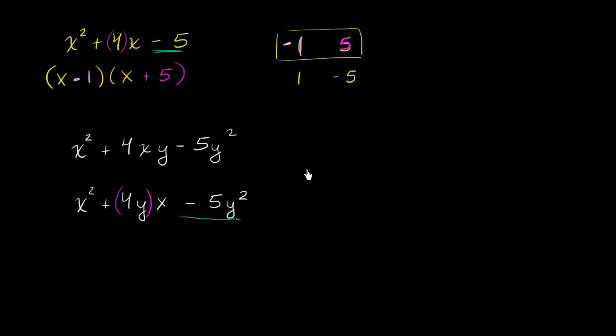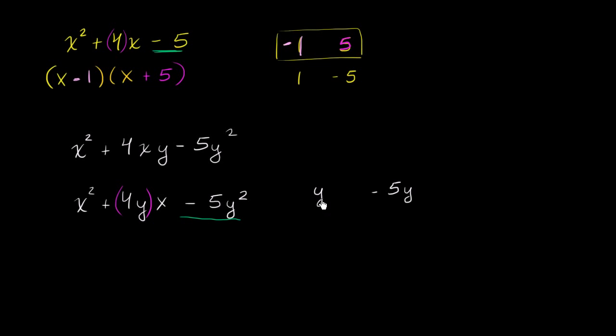So let's think about how we could do this. So one option would be positive, let's say positive y and negative 5y. So where would this take us? Positive y times negative 5y would indeed be equal to negative 5y squared.